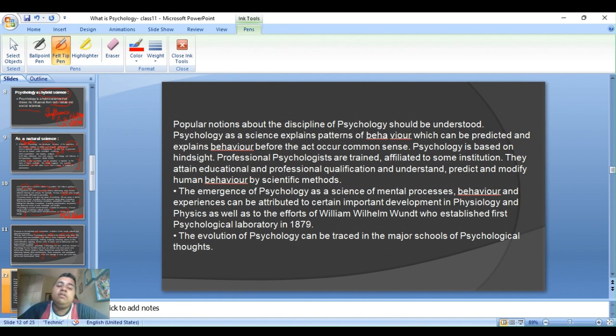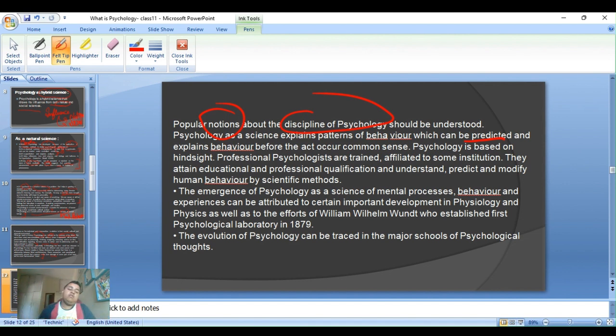Popular notions about psychology should be understood. Psychology and social science explain patterns of behavior which can be predicted, and explain behavior before the act occurs. Common sense: psychology is based on hindsight. Professional psychologists, trained and affiliated to some institution, attain education and professional qualification, and understand, predict and modify human behavior by scientific methods.